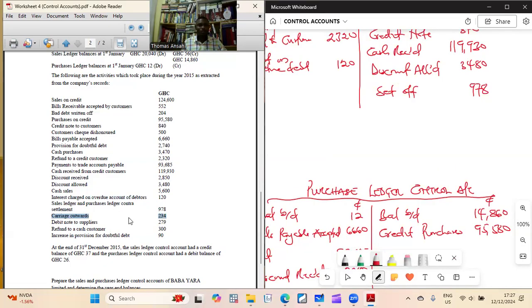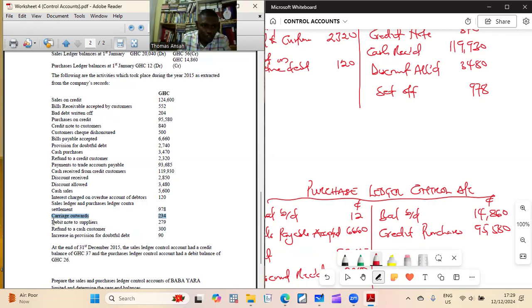So you are selling something and you carry it out. Depending on if it is part of the sales, then it should have been included in the person's invoice as part of his credit sales. Other than that, we don't record it here at all. We don't need the carriage invoice. Nowhere near. That means that we will ignore this one too. All right. So basically that is that.